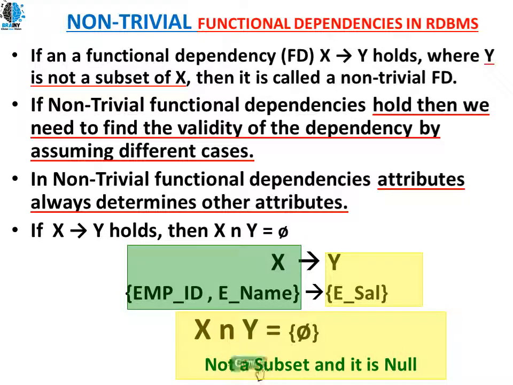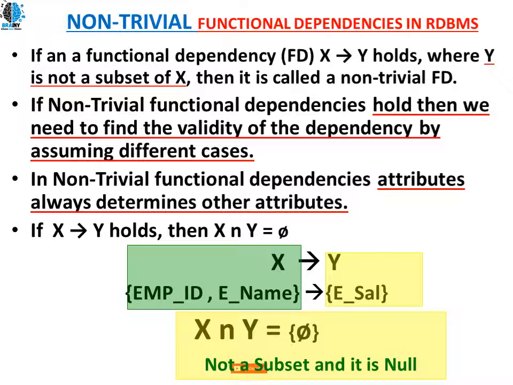So Y depends on X, whereas Y attributes are different, X attributes are different. If I take the intersection, definitely I will be getting a null set.